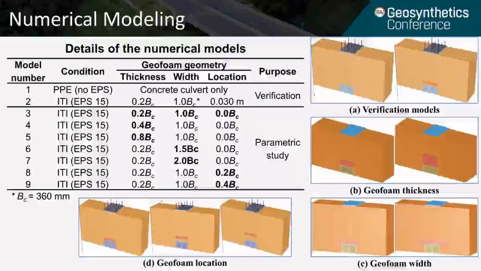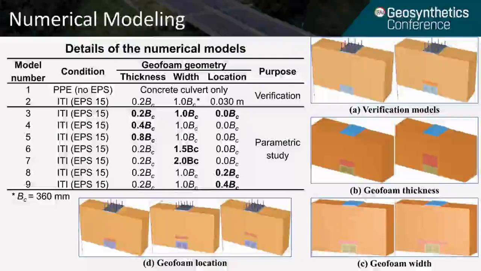So for our study, we said we're going to verify the model first using Plaxis 3D and then simulate several problems to investigate the thickness of the geofoam. We used 0.2 BC, 0.4 BC, and 0.8 BC. So all the heights or thicknesses of the geofoam are in terms of the width of the culvert itself.